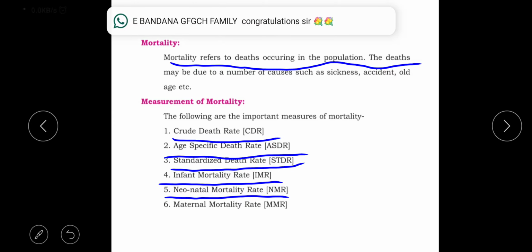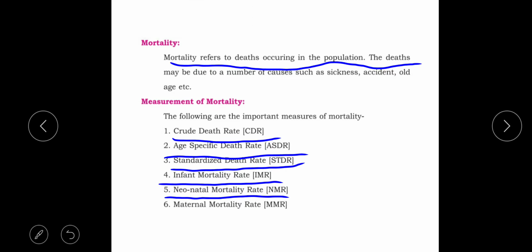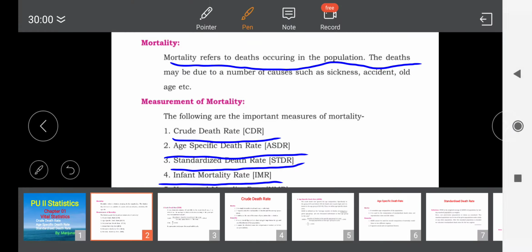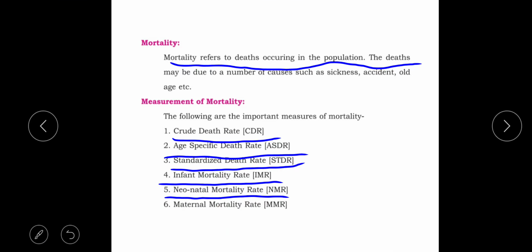It studies the death of babies, that is, a baby which dies within 28 days from its birth. And next, the maternal mortality rate, that is, the death of mothers due to childbirth causes. So let us discuss them one by one.